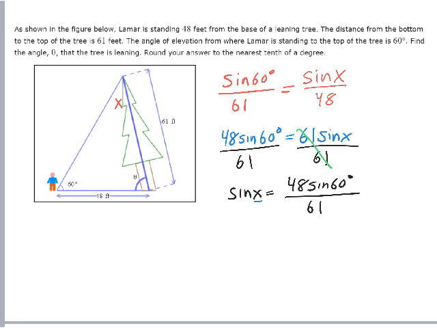Now, to get x out of here, you have to inverse sine both sides. So x is going to be equal to the inverse sine, which is the arc sine, of this whole thing: 48 times sine 60 degrees over 61.